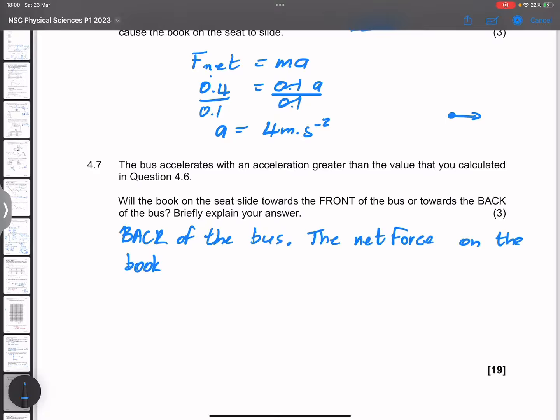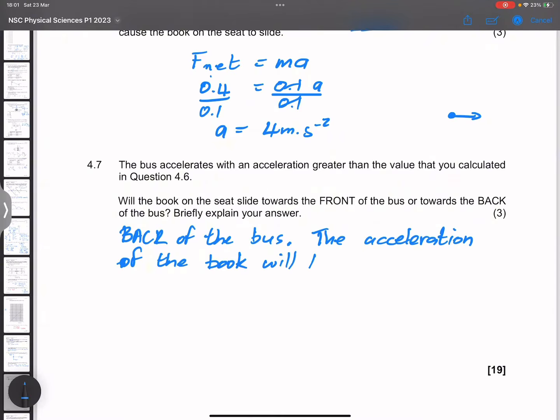Or rather I should say the acceleration will be in the direction of the net force. So remember, the acceleration of the book will be in the direction of the net force, according to Newton's second law. Okay, right, I hope that makes sense, guys.